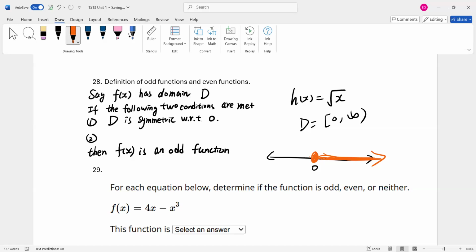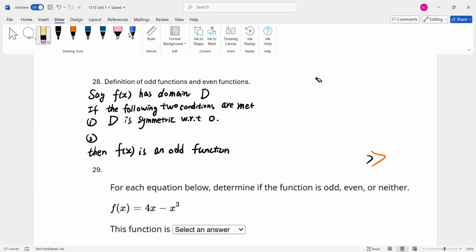So if a function's domain is not symmetric with respect to 0, we do not talk about odd or even at all because the first condition is not met. So definitely it's not an odd function or even function, all right? In order to be an odd function or even function, firstly, their domain has to be symmetric with respect to 0. If that condition is not met, we don't even consider.